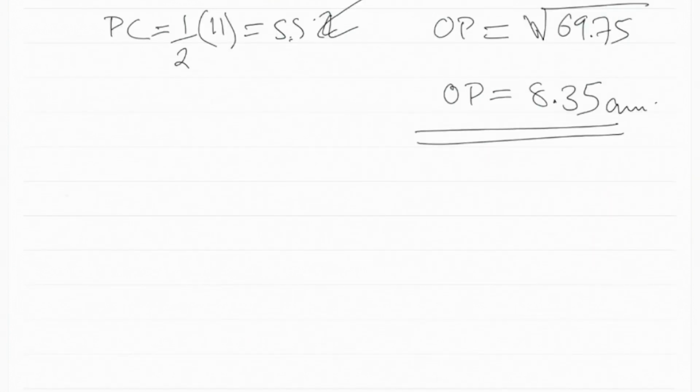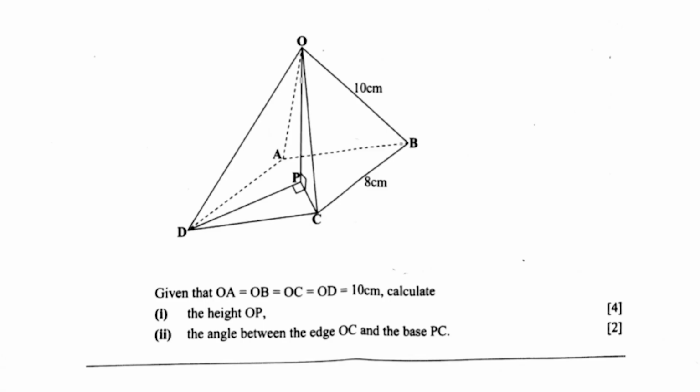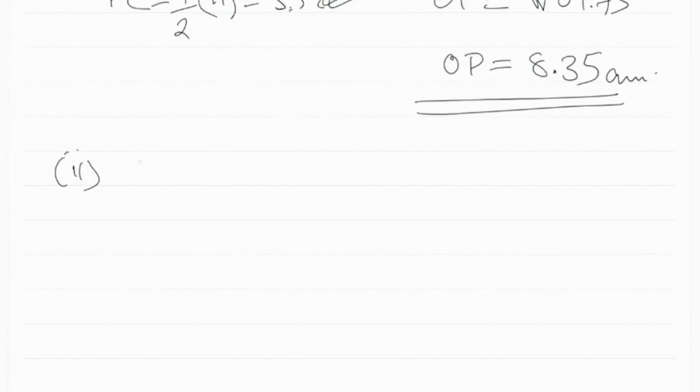Now, when we move on to the other part of the question, the angle between the edge OC and the base PC. We've been asked to find the angle between that. So when you look at that, our angle will be cos of angle PCO equals PC over CO. That's how we're going to work out that angle.